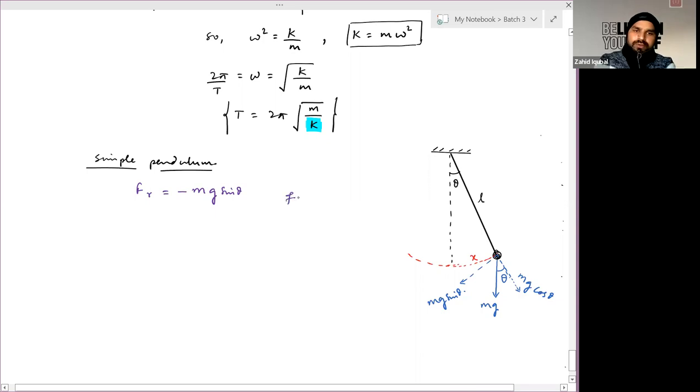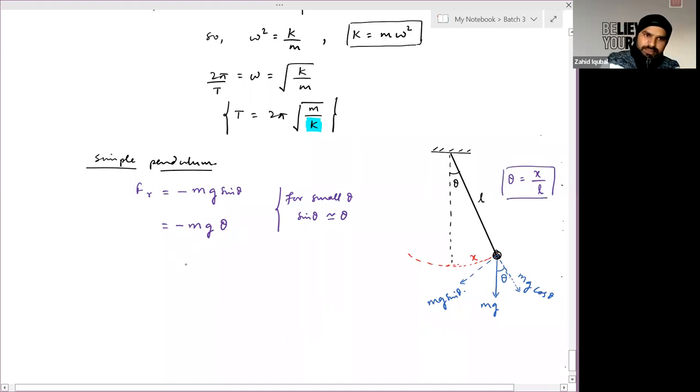Now, for a small angle, sine theta equals just theta. So this equation will be minus mg times theta. Now, theta equals length of arc by radius, so theta equals x by L. Put this in the expression and you get minus mg times x by L equals the restoring force.